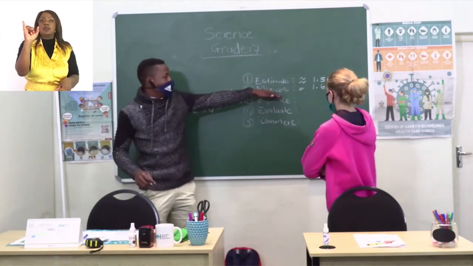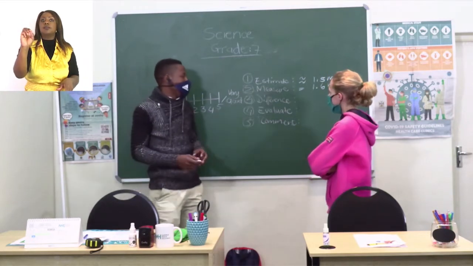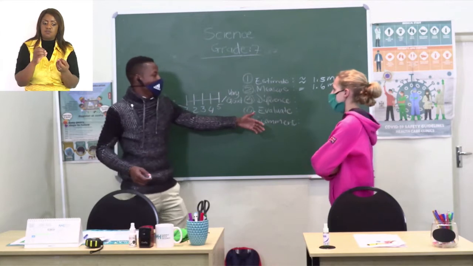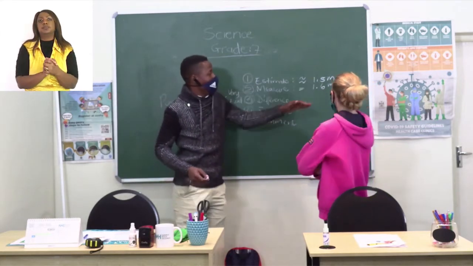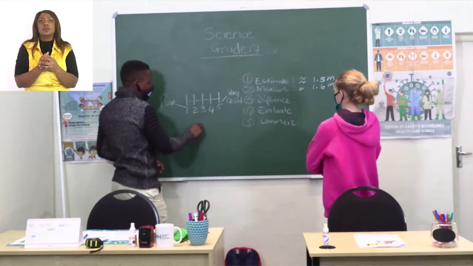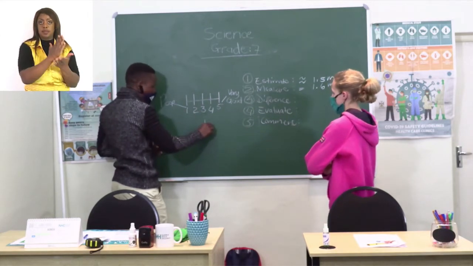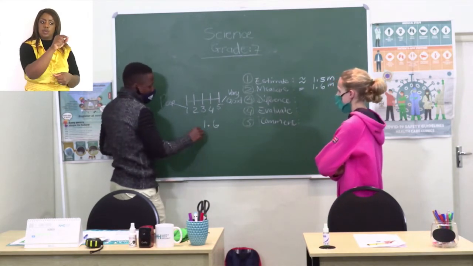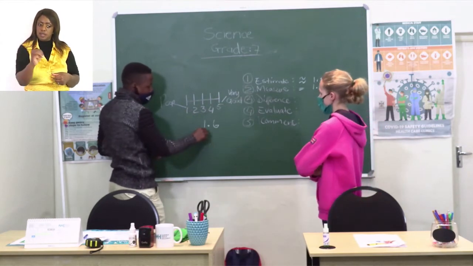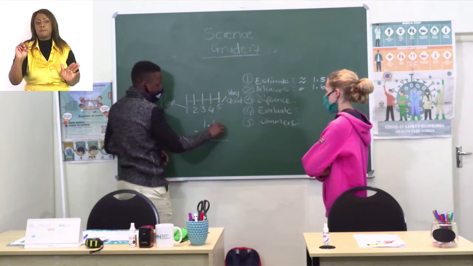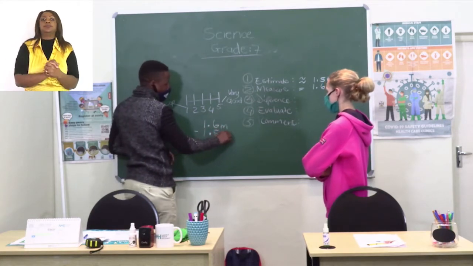I've done the estimate and the measurement, so I need to go for the difference. The difference is for me to find between these two values, and I start with the bigger one, which is 1.6 meter. Then you get it by subtracting 1.5 meters. Remember, these are meters.